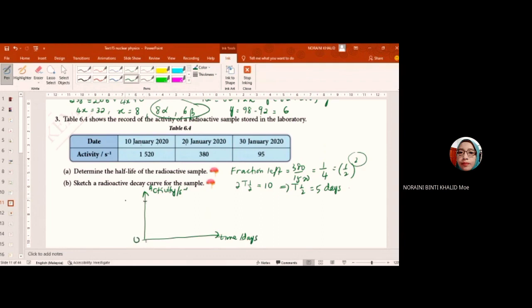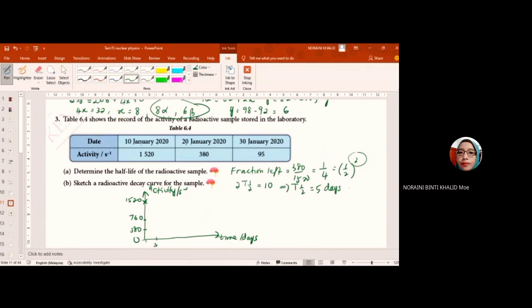Okay, the initial one is 1520, becoming half, meaning 760. Half of this one is 380. So the initial one is here.